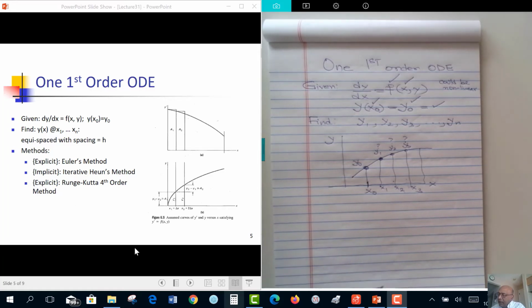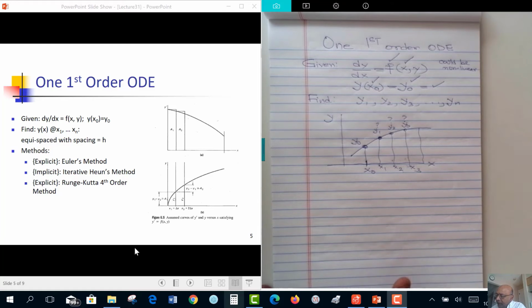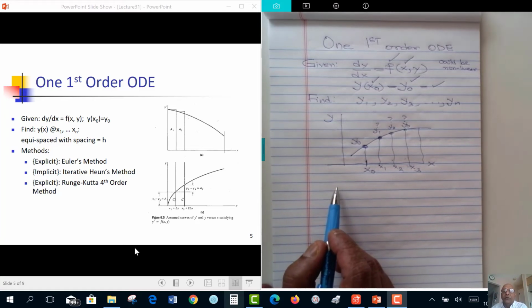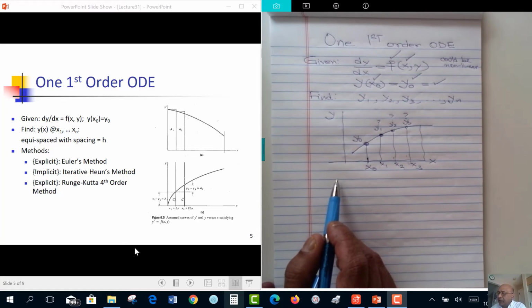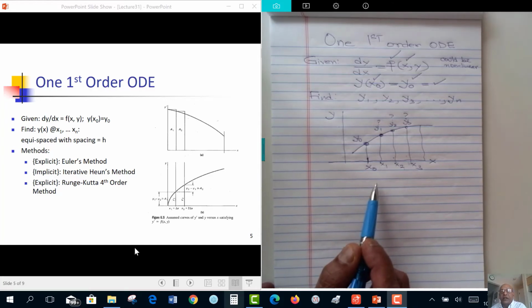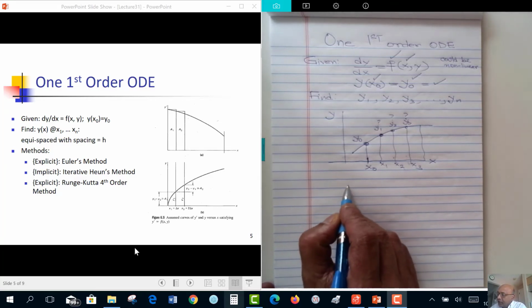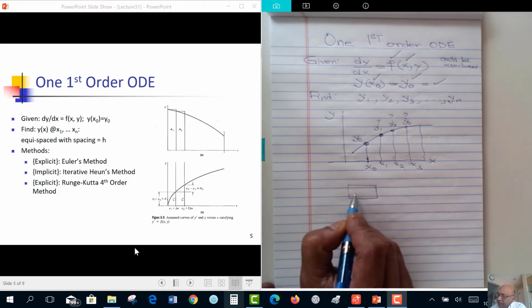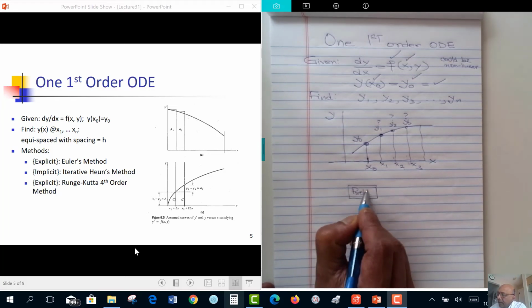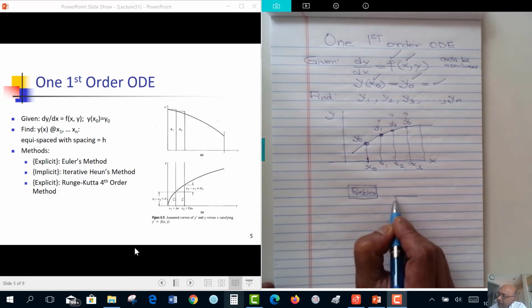Before I move on, I just want to remind you that I am not teaching you differential equations analytical techniques. On the quiz, you may find a problem saying, given this differential equation, which of the following is the solution? I don't want you to solve it; basically you have a problem and you are given a solution.